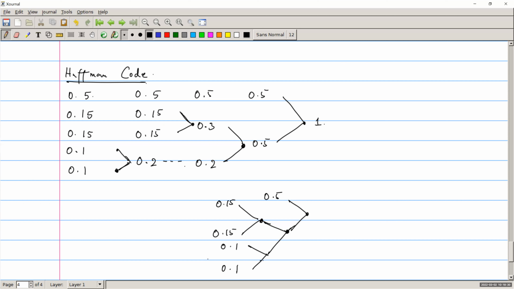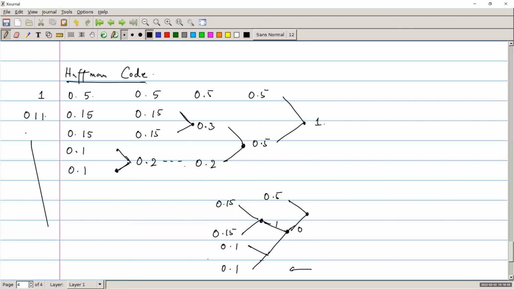The code words we assign: you can say one is either up or below, that doesn't change anything. So the code word assigned to the symbol with probability 0.5 is 1. This is 0, 1, 1. You read backwards as you go along.